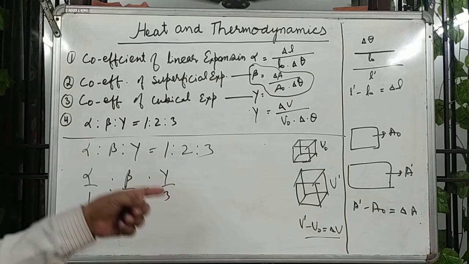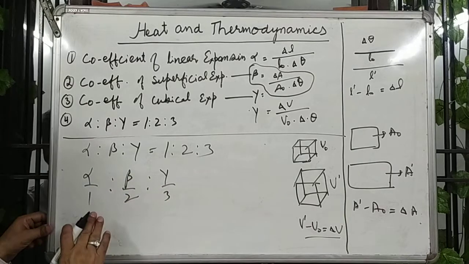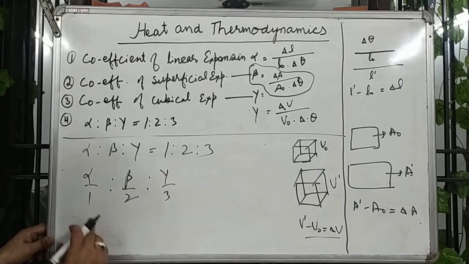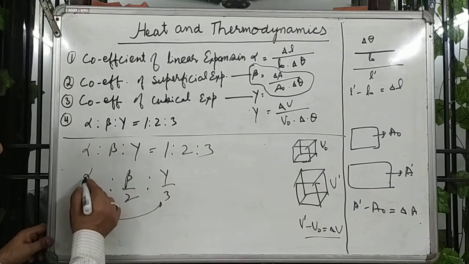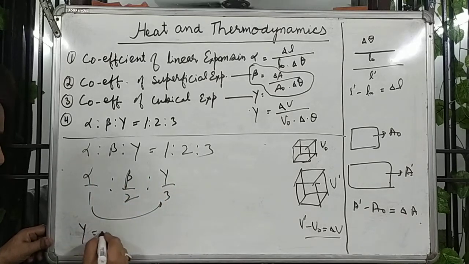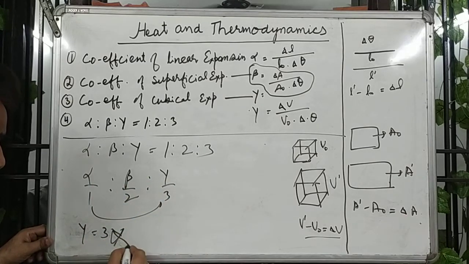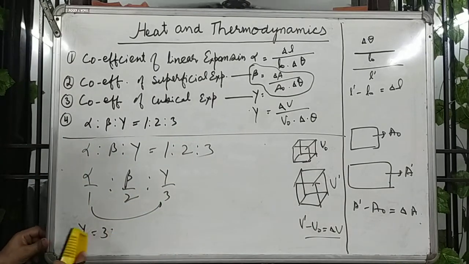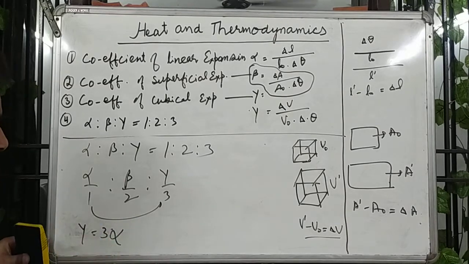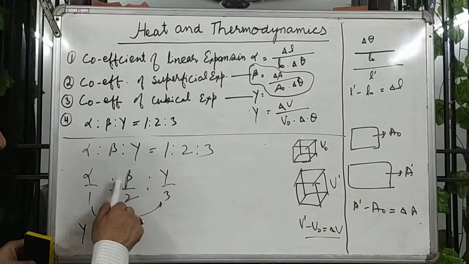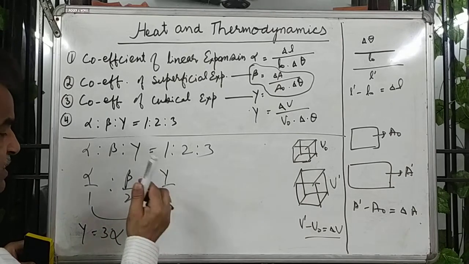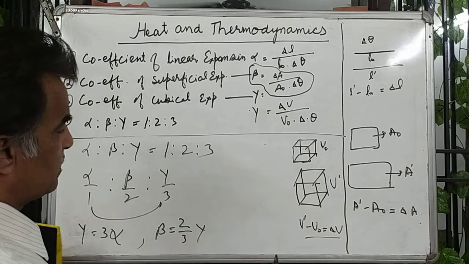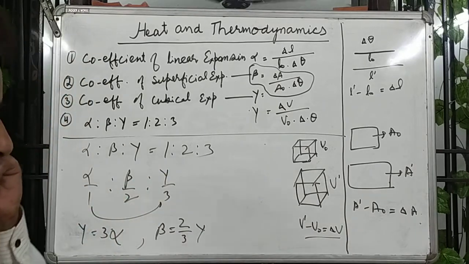You may write it in this way also. So the relation between alpha and beta, alpha and gamma, or beta and gamma you can find. For this, gamma equals 3 alpha. Gamma is 3 times alpha. Similarly, beta equals 2 by 3 gamma. Like this you can transform.